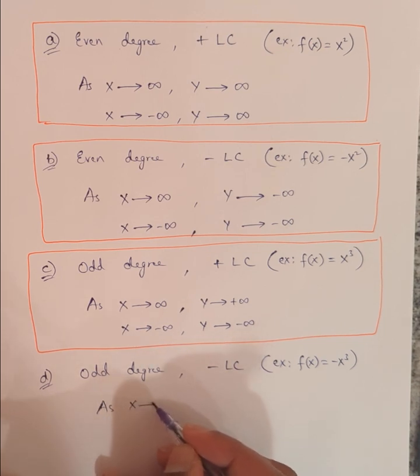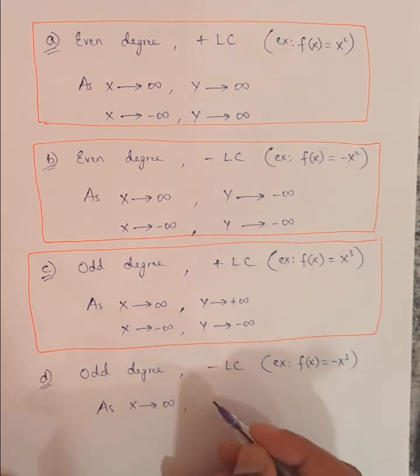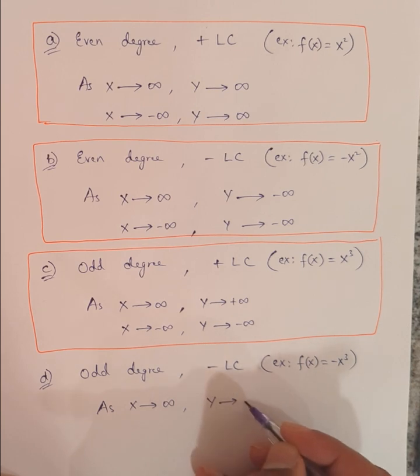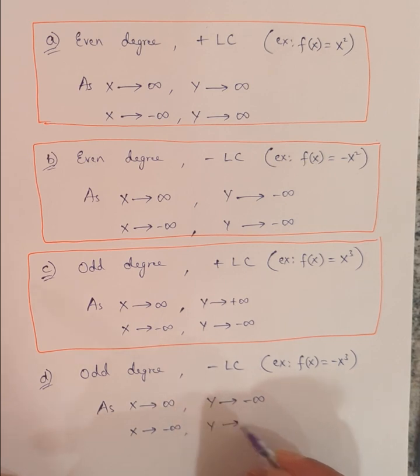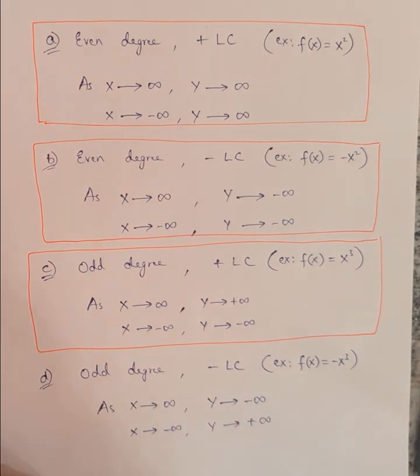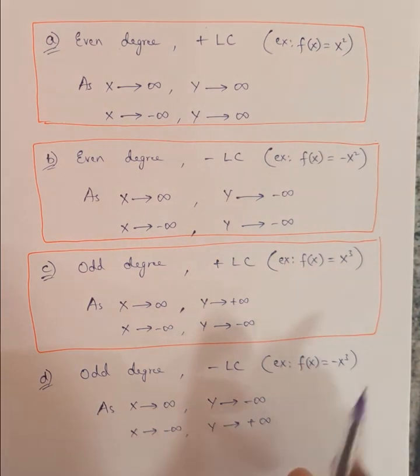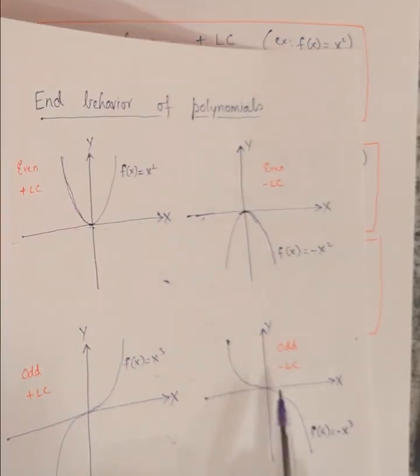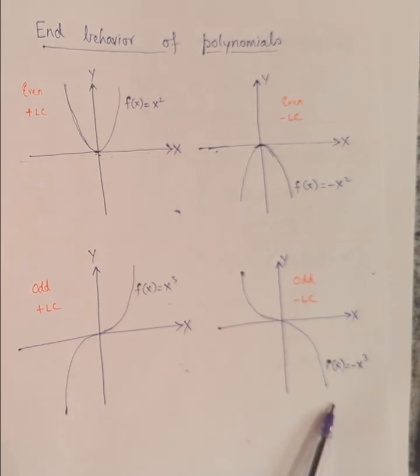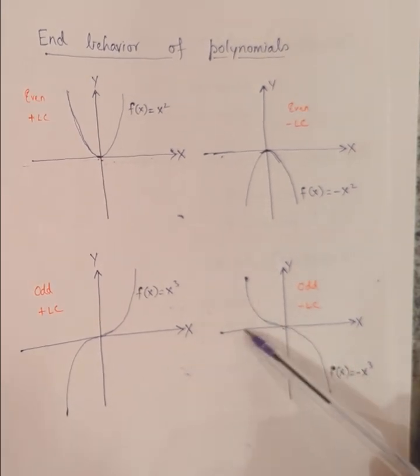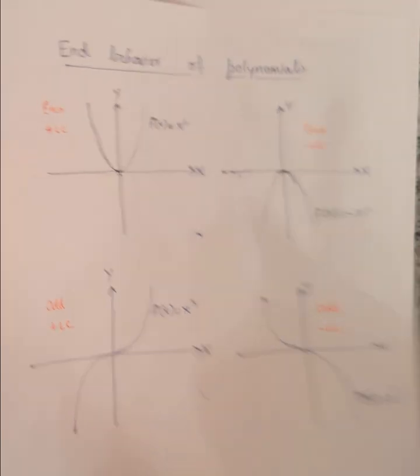As x approaches positive infinity, y approaches negative infinity here. And as x approaches negative infinity, y approaches positive infinity. For negative x cubed, as x approaches positive infinity, y is going down, whereas as x approaches negative infinity, y is going up.